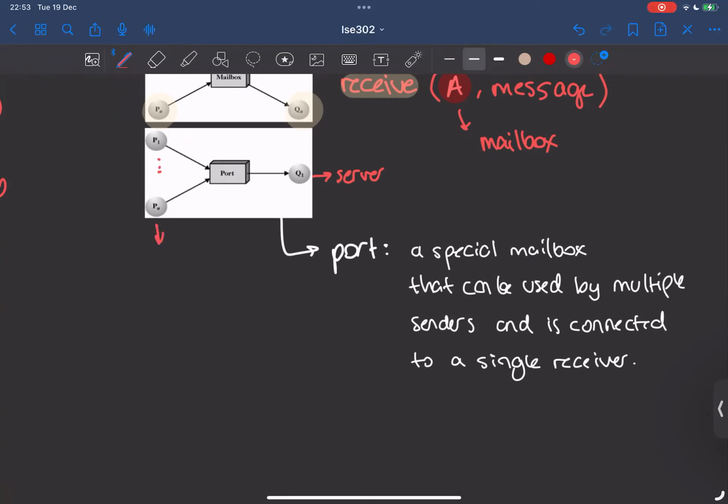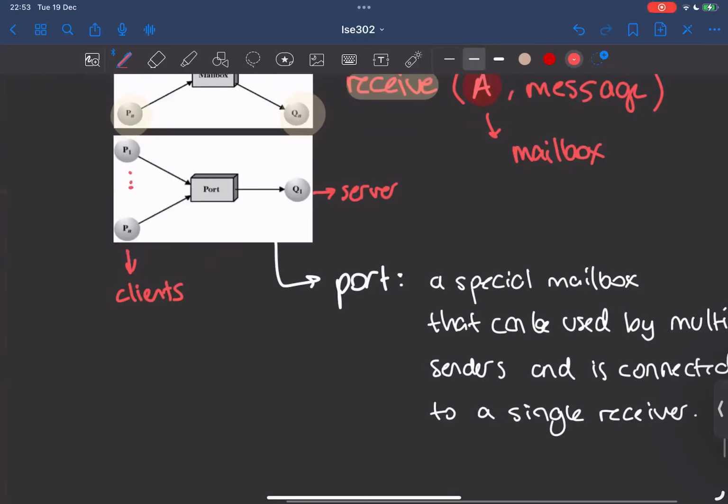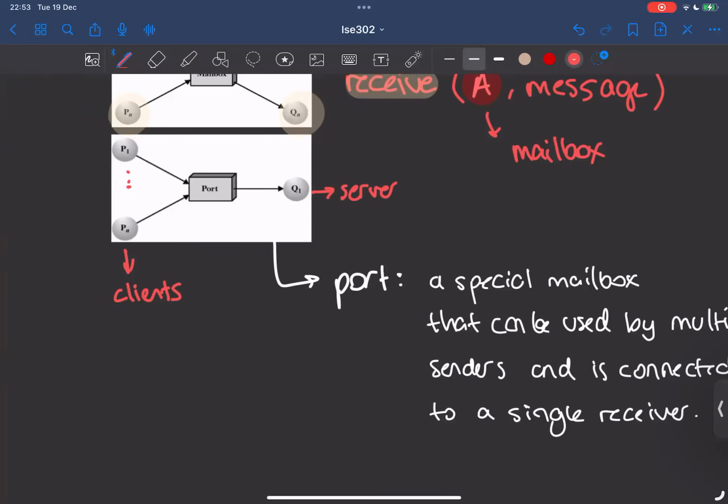So usually we call them clients. So overall, in client-server applications, this configuration streamlines interaction and increases efficiency by simplifying the communication.